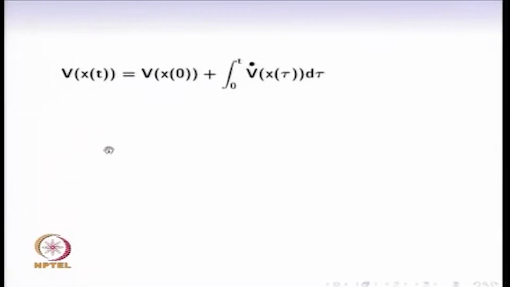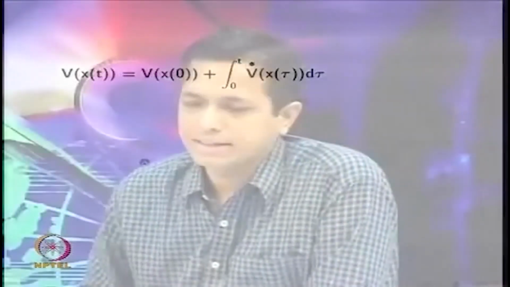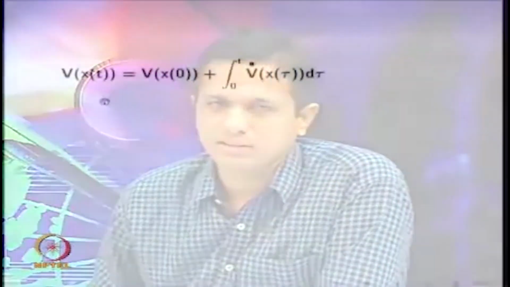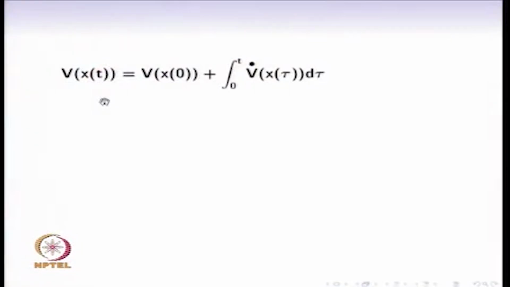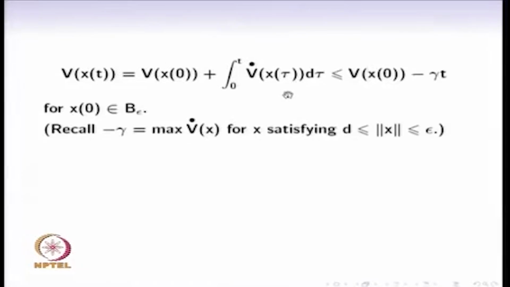We require this property of gamma greater than 0, and that we will use to arrive at the contradiction that we are looking for. So now integrating both sides, we see that v of x of t is nothing but v of x of 0 plus the integral from 0 to t of v dot of x of tau d tau.